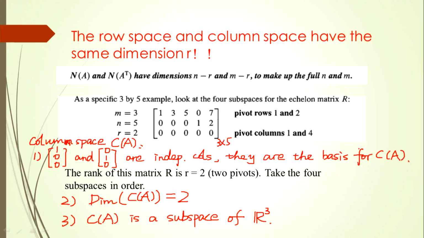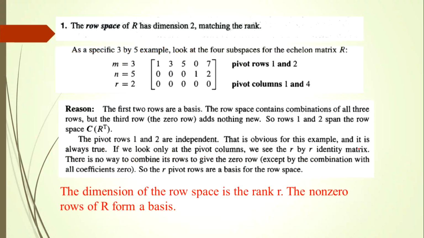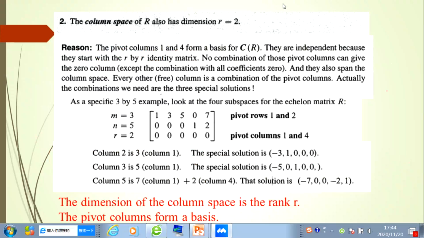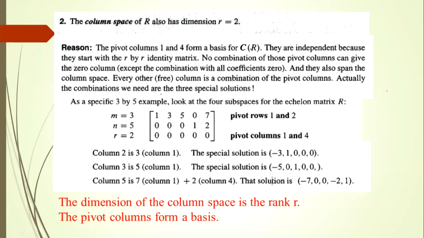Have you finished the note? Now let's read the comment for the column space. The pivot columns 1 and 4 form a basis for the column space of R. The column space of R is the same as the column space of A, right?